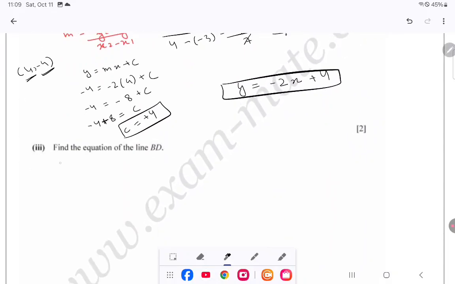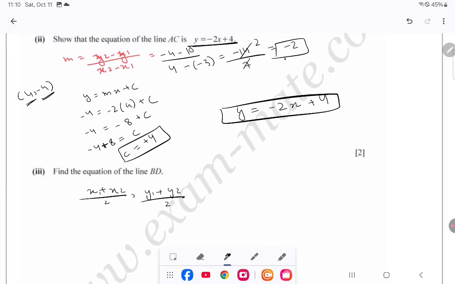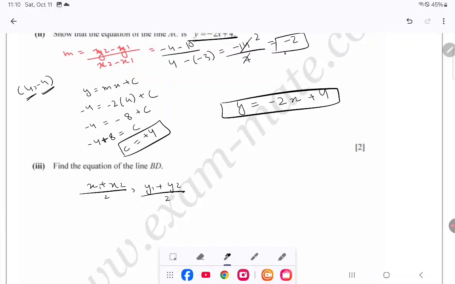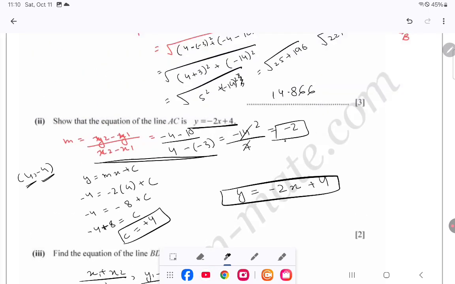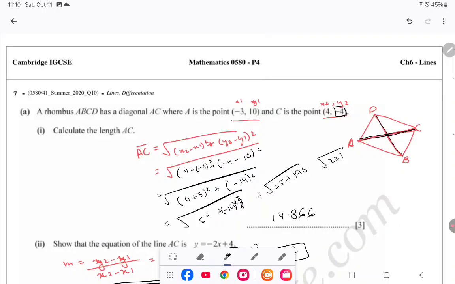For the BD, first midpoint is x1 plus x2 over 2, y1 plus y2 over 2. Simply put the values of x1, which is negative of 3, plus x2, which is negative of 4 over 2. I'm seeing the value of x1, x2, y1, y2 from here, where we put for the slope. You can look right here.